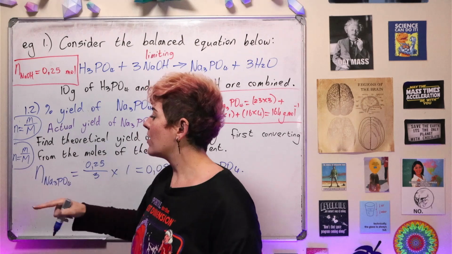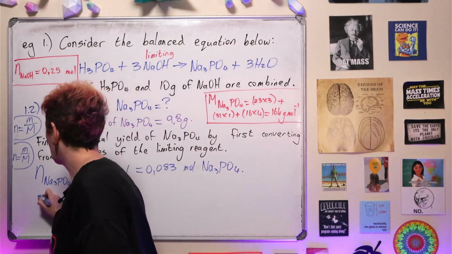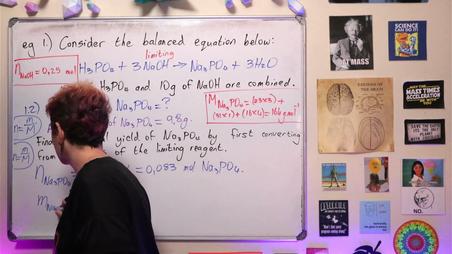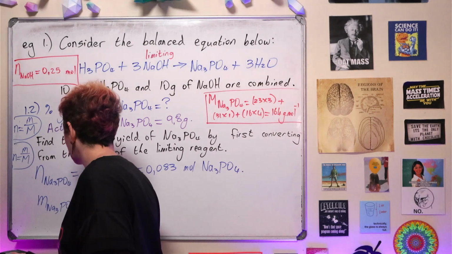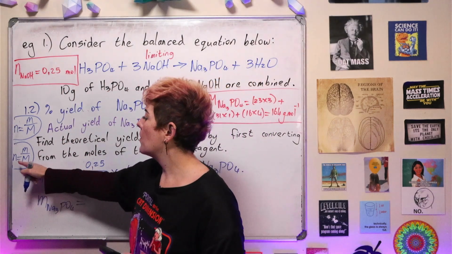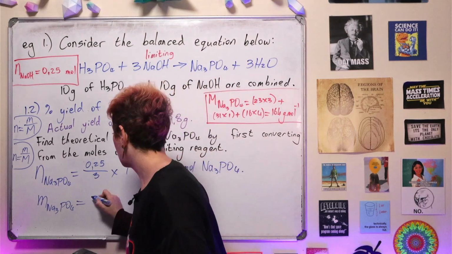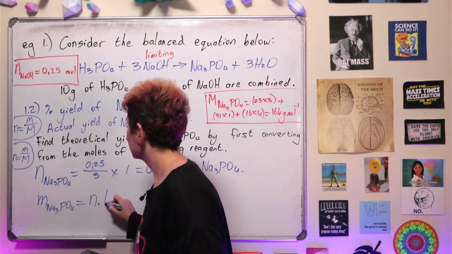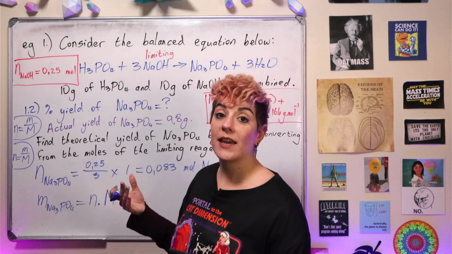So if I rearrange the formula to make small m the subject of the formula, then you're going to see that now small m, or mass in grams, is the product of moles and molar mass. So moles, small n, times by molecular or molar mass, capital M.